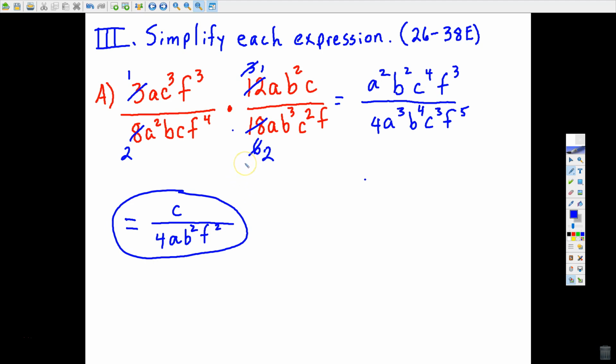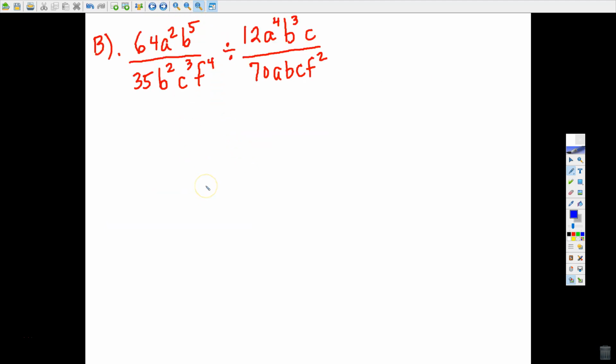Okay, let's try another one. This time we're going to incorporate division, and if you recall back in elementary school you learned that dividing by a fraction means to invert the fraction, which is another word for write the reciprocal or flip it over, and then change this to multiplication.